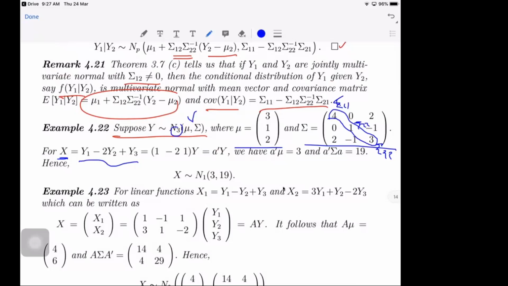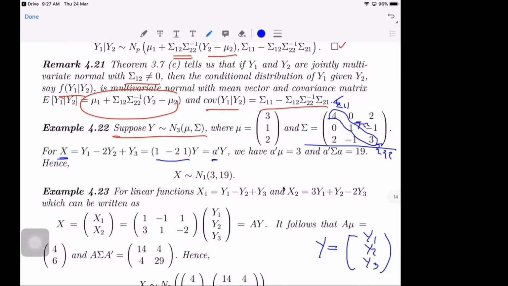In matrix notation, pwede mo na nimo isulat as a prime y, and that is just equal to a vector of constant, which is 1, negative 2, 1, times y. So again, y is just the vector y1, y2, and y3. No? So if we multiply that, vector naman siya, so that is a prime. It's not a matrix.